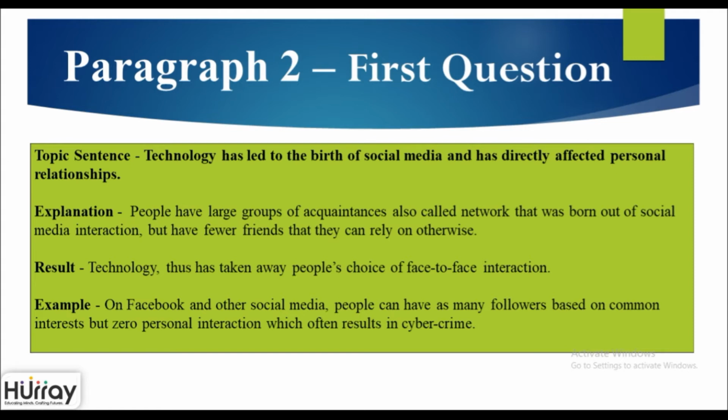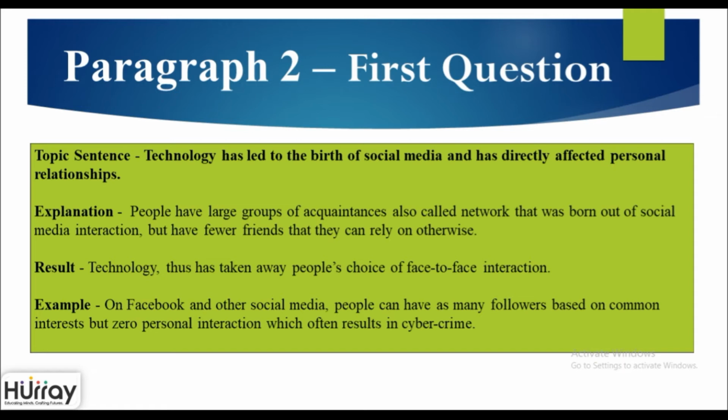So again, your result is further expanded into the example. Naturally, there have been instances of people falling victim to or becoming very susceptible to online crime, and that is basically where young people are lured for the purposes of money or for other purposes. So you could give those as examples, bring out the negative side of it.